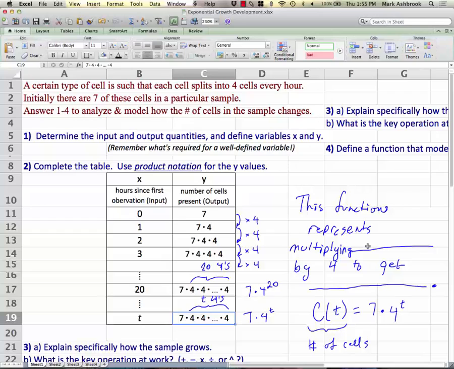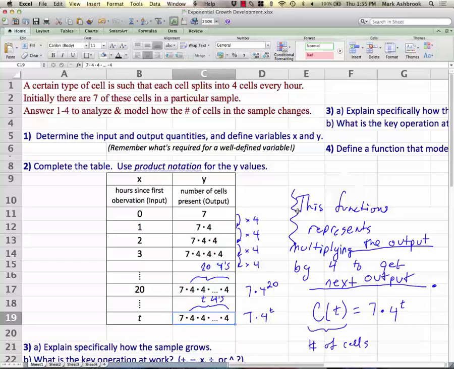No. So you got the right idea. So it's multiplying the number of cells, is that input or output? The output, multiplying the output by 4 to get? What do you get when you multiply the output by 4? The new input. You get the next output. The next number of cells. Or the number of cells 1 hour later.